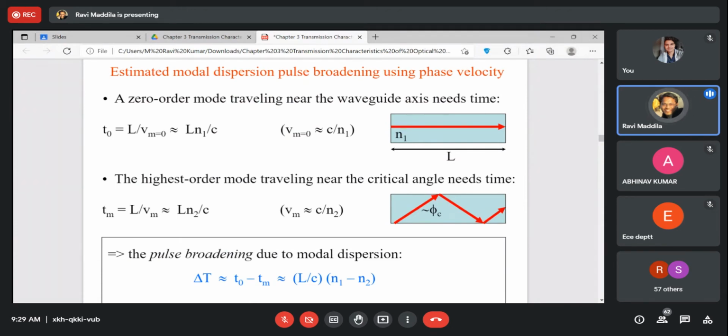This is a small numerical example of how one can find out what the pulse broadening is. So you have a zero order mode which corresponds to m equal to 0, which is traveling near the waveguide axis. I mentioned this before, right?